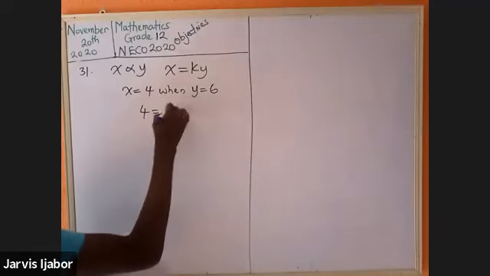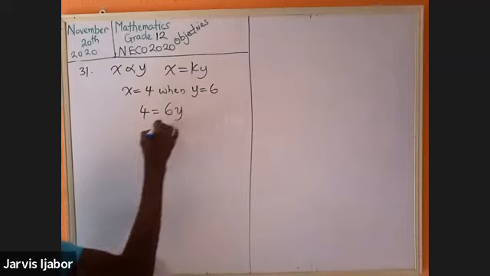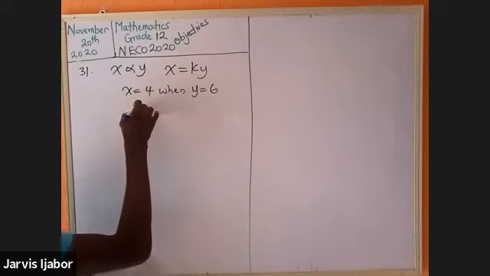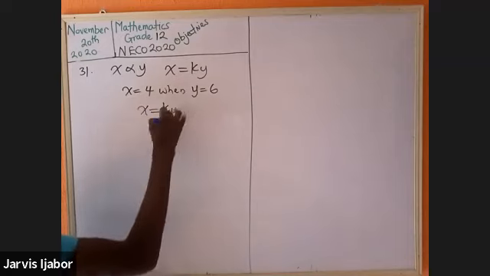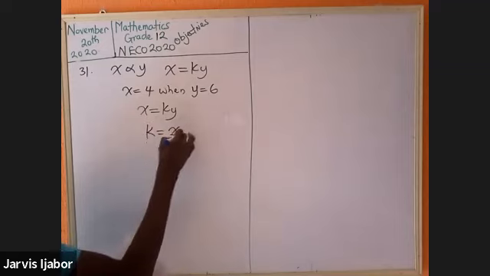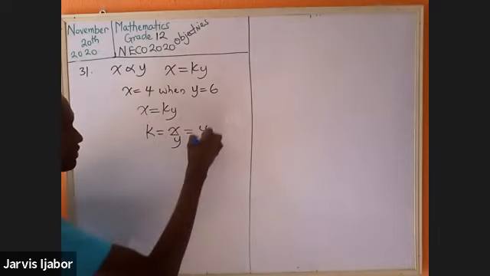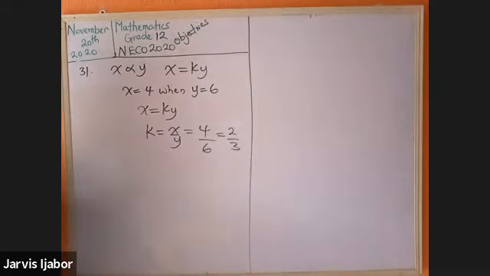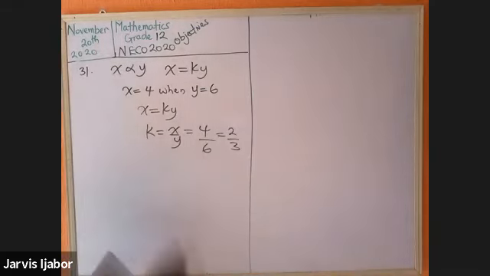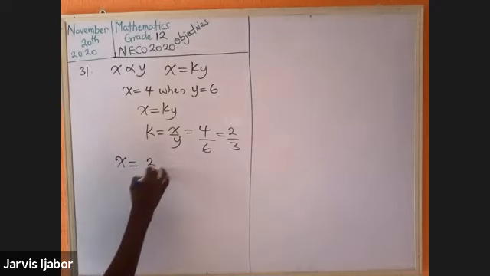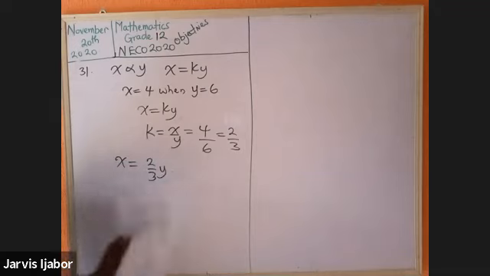x is 4, y is 6. Okay, let's make k the subject of the formula. So x is equal to ky would mean that k is equal to x over y. What is x? What is y? So k will be equal to what? 2 over 3. So it means that x essentially is equal to 2 over 3 y. This is what we call the relationship connecting x and y.